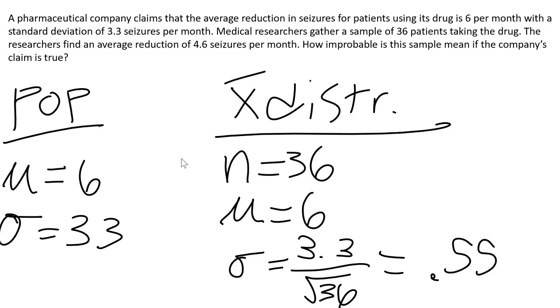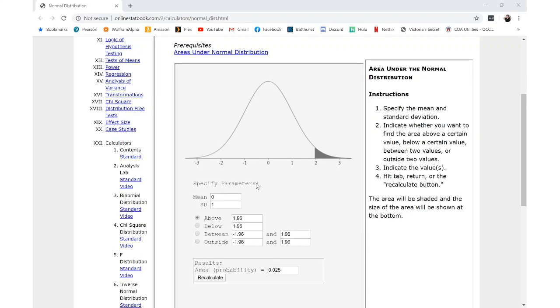For that, I'm going to go to David Lane's calculator. So we're going to type in our mean, which was 6, and our standard deviation, which was 0.5, and they got a reduction in seizures of 4.6.